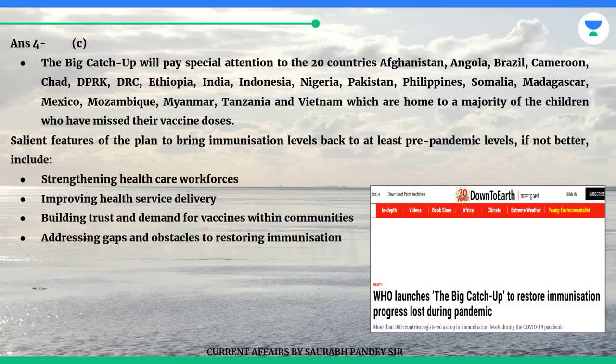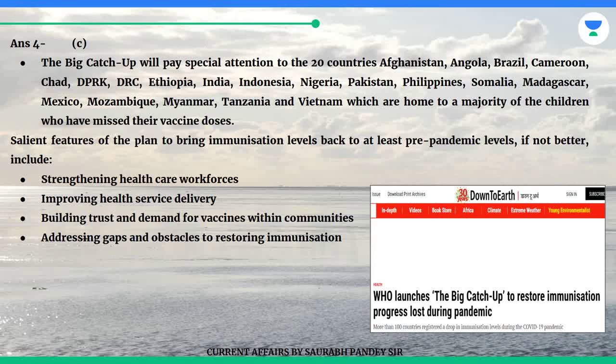Answer is C. The Big Catch-up will pay special attention to the 20 countries Afghanistan, Angola, Brazil, Cameroon, Chad, DPRK, DRC, Ethiopia, India, Indonesia, Nigeria, Pakistan, Philippines, Somalia, Madagascar, Mexico, Mozambique, Myanmar, Tanzania and Vietnam, which are home to a majority of the children who have missed their vaccine doses.